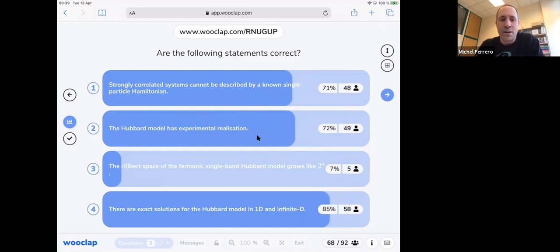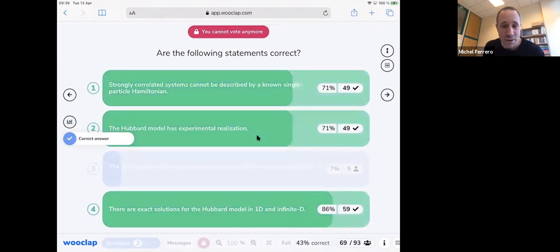But actually in cold atomic experiments, one can create an artificial lattice, an optical lattice in which ultra cold atoms are trapped. And in those systems, one can actually effectively realize directly the Hubbard model and sort of have a quantum simulator of the Hubbard model directly. Yes, the Hilbert space does not grow like 2 to the power n, but 4 to the power n. And as we discussed, there are exact solutions in 1 and infinite dimensions. Great.